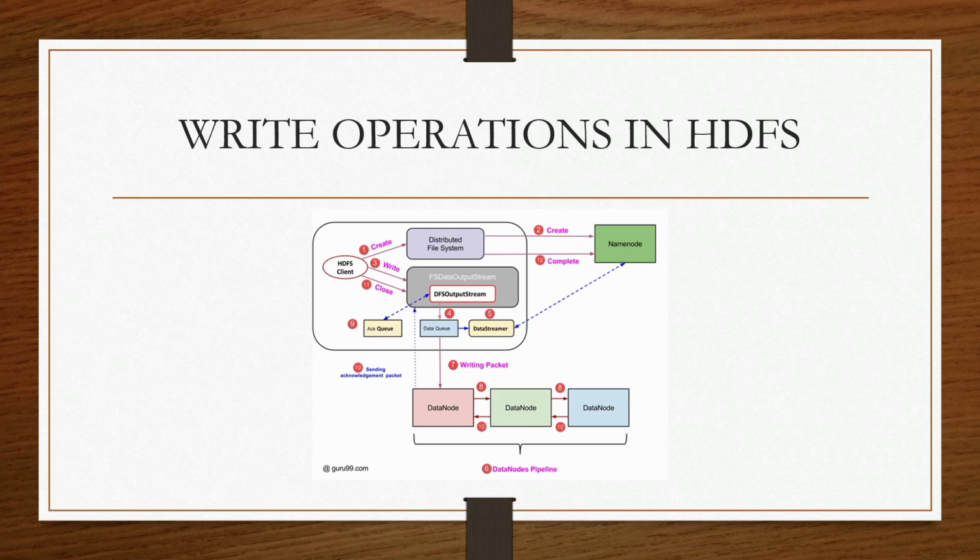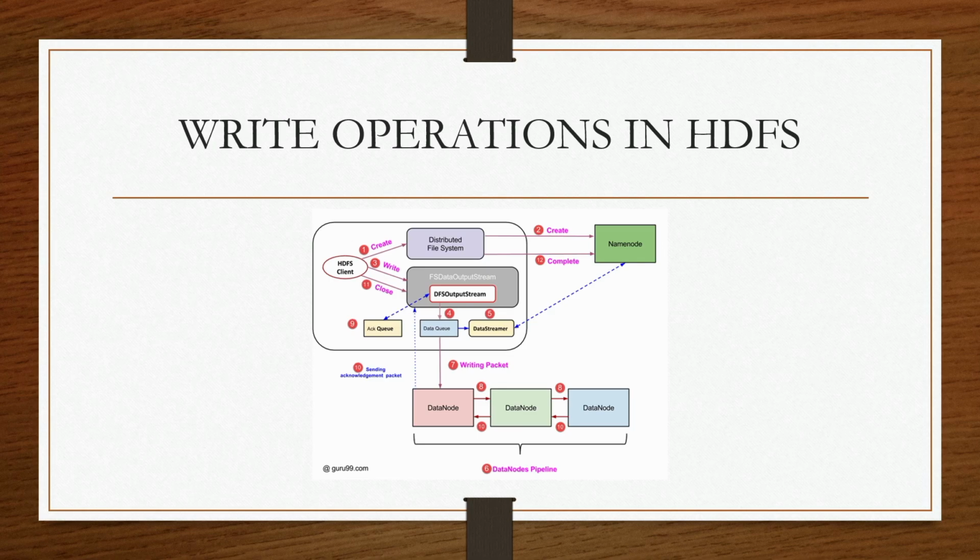It is the responsibility of the NameNode to verify that the file does not already exist, and that the client has the correct permission to create a new file. If the file already exists or the client does not have sufficient permission to create a new file, then an IOException is thrown to the client.